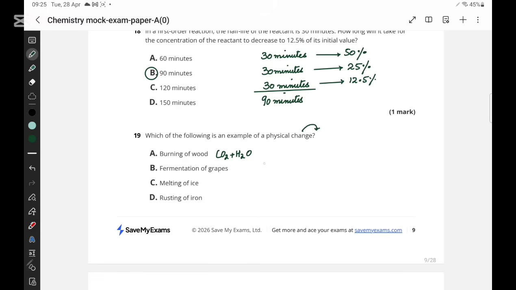Fermentation of grapes forms ethanol and carbon dioxide, so it's also not the right one. Rusting of iron forms Fe2O3, so a new compound is formed, so not. Melting of ice, the substance remains the same, changing only from solid to liquid state, and only a physical change has occurred, so our answer is going to be C.